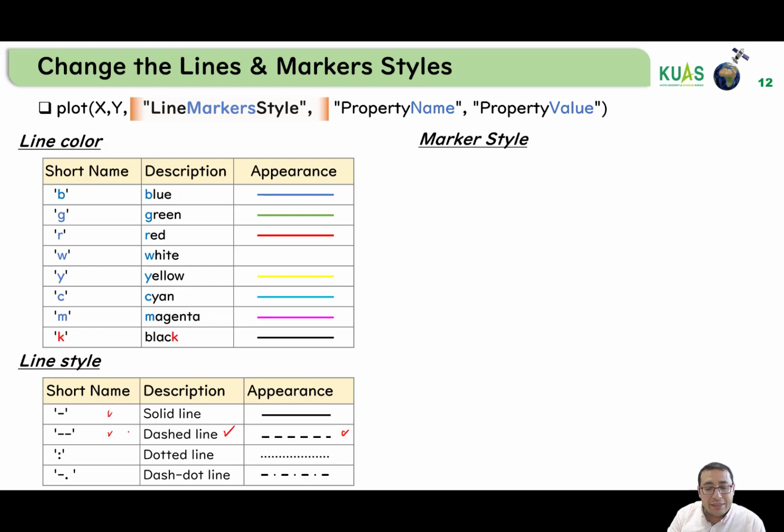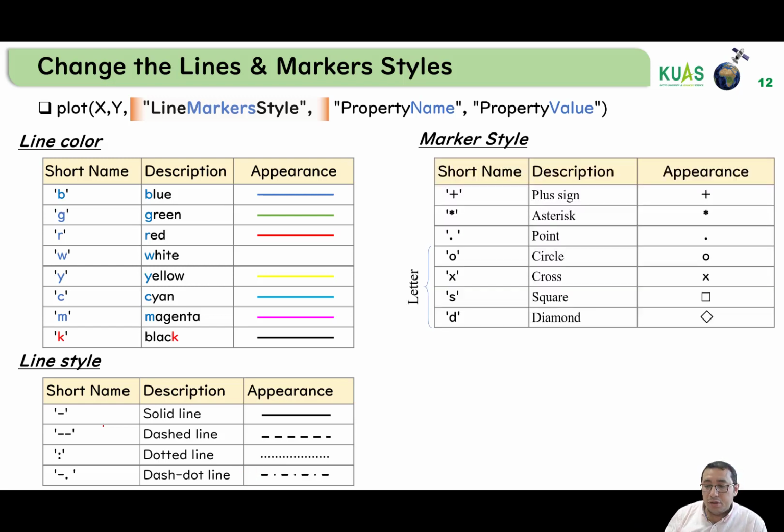For the dash line is dash, dash. If we need the dotted line, which is dot, dot, dot, dot, dot, we are going to use the colon. And if we need to use the dash, dot line, as shown here, in the short name we are going to use the dash and dot, between quotation marks.